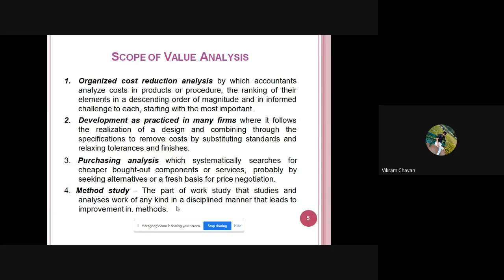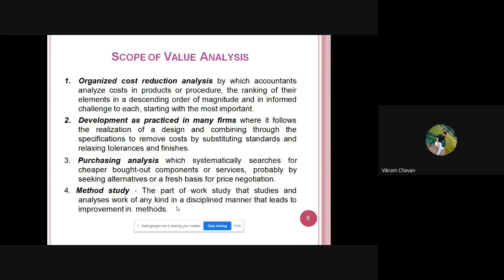We can say that it will be useful to reduce the cost of industries, and it will be accountable. The cost analysis will be produced, and it will provide a ranking according to its magnitude in descending order. So we will get all the parameters related to the cost of the product.